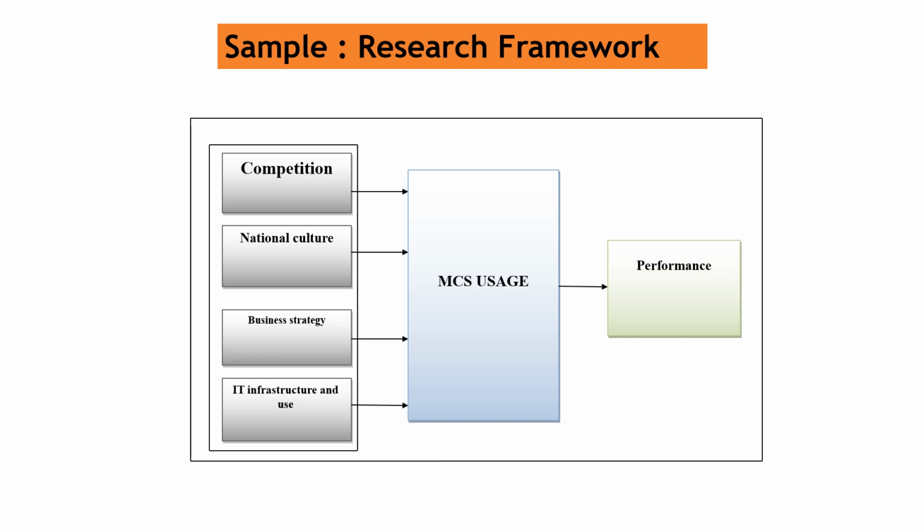Research objective number 2, the student is interested to study whether national culture will influence the management control system of a company. Next one, research objective number 3, whether business strategy influences the level of usage of management control system. And objective number 4 is to examine whether IT infrastructure will influence the usage of management control system.